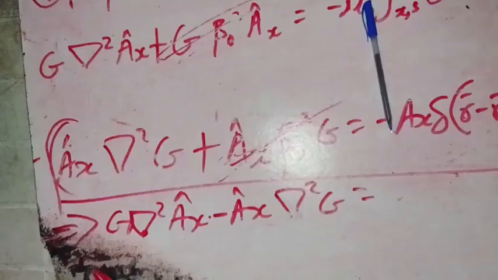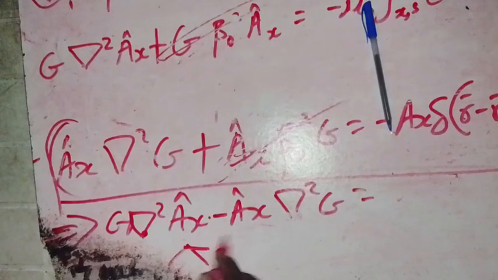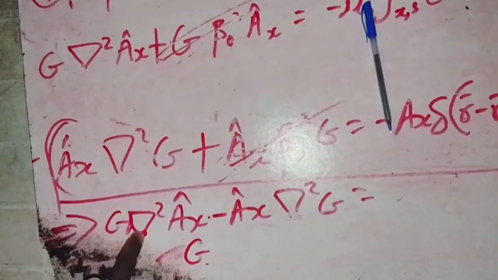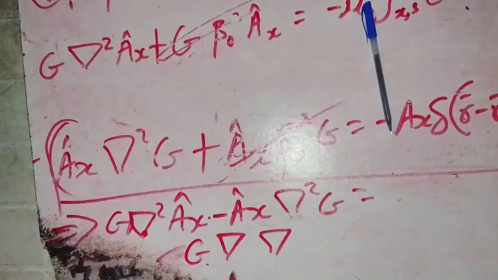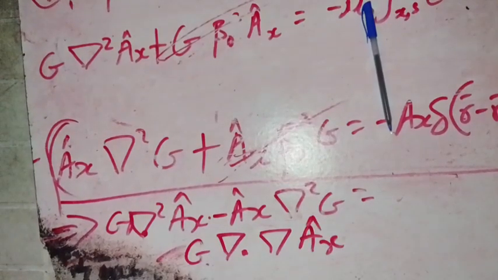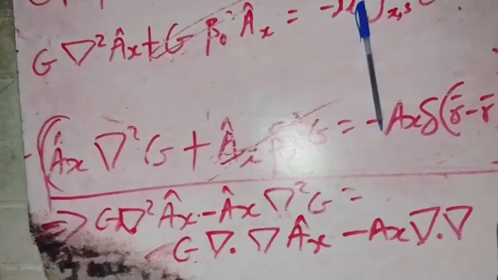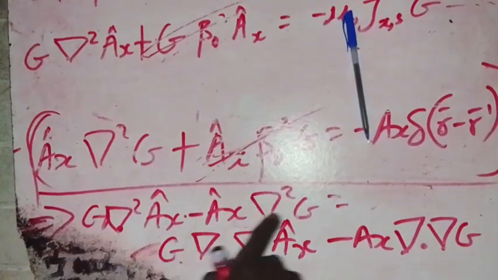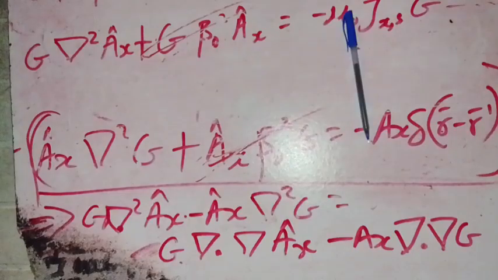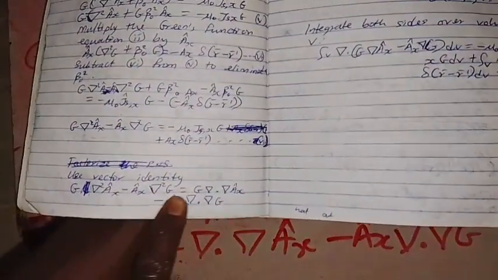You write it as this, and then you write this guy twice, but you put a dot there, telling you divergence. Then you can put this other one there. Then minus, do the same thing to this one: write it twice, put a dot there, and then you put your G. So this whole thing is equal to this. So that's what we have right here.